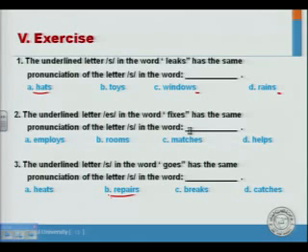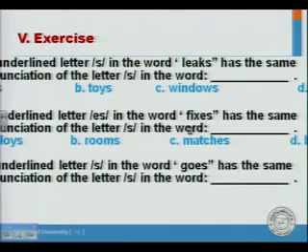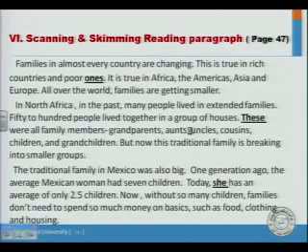Now let's move to the next question, which is scanning and skimming a reading paragraph. For those who always ask me which page, I put the page of this reading paragraph here, which is page 47. If you want to analyze more paragraphs of the same topic, you can go back there.